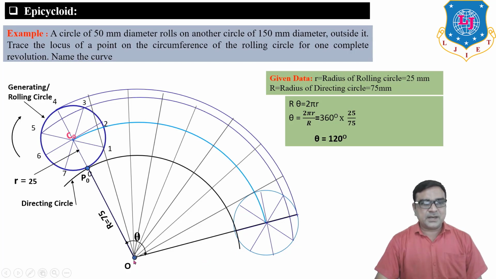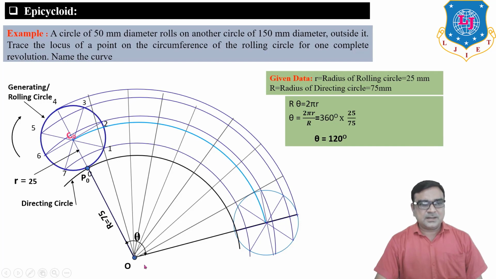Draw a circle by taking O as center. Draw an arc by taking O as center and O5 radius or O3 radius, both are the same. Then O6 radius and O2 radius, both are the same. Draw another arc with O as center and O7 radius, which is also passing through 1.